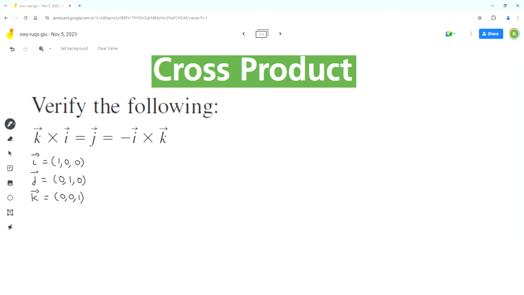So the first step is to find the cross product for vectors k and i. We can find the cross product by stacking the y, z, x and y components of these two vectors.